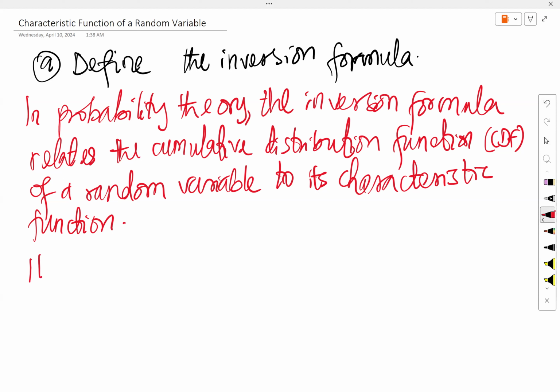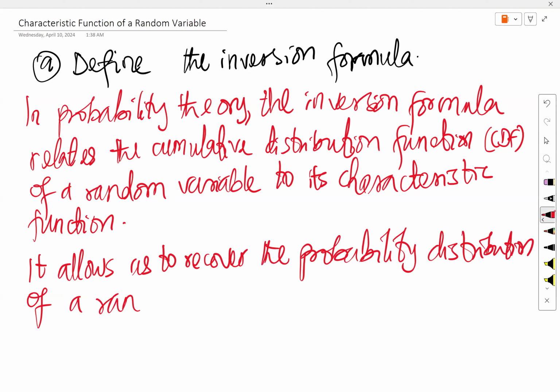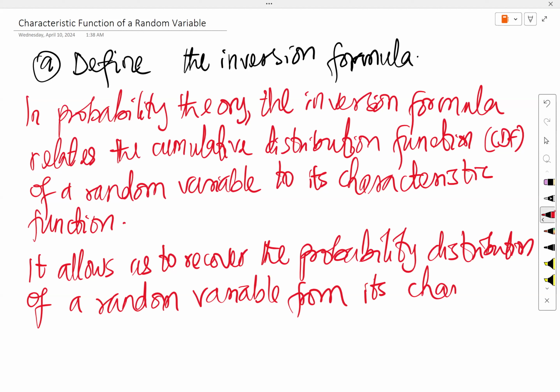So it allows us to recover the probability distribution of a random variable from its characteristic function.